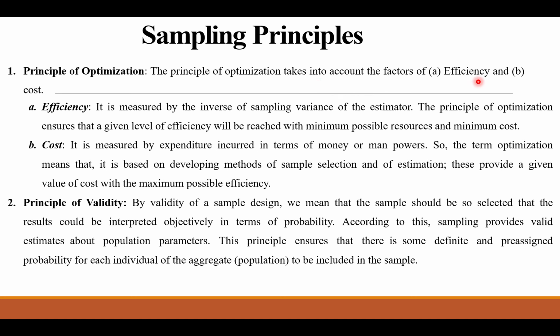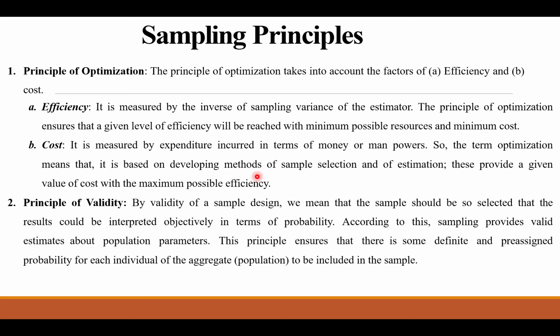Then sampling principles. What are the principles of sampling? The principle of optimization takes into account the factors of efficiency and cost. Efficiency is measured by the inverse of the sampling variance of the estimator. The principle of optimization ensures that a given level of efficiency will be reached with minimum possible resources and minimum cost.